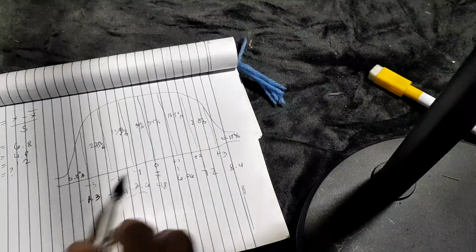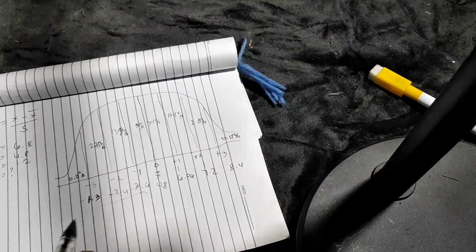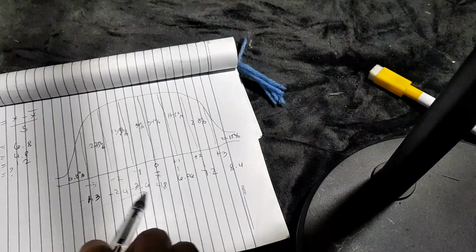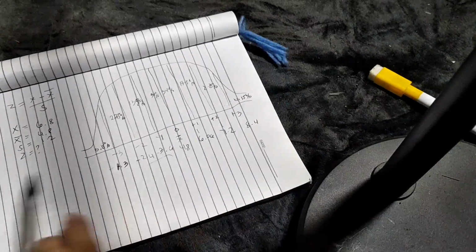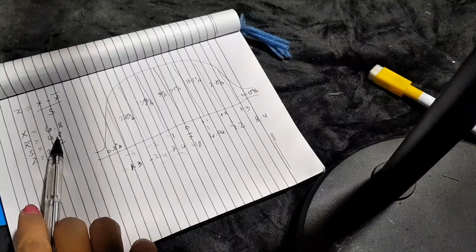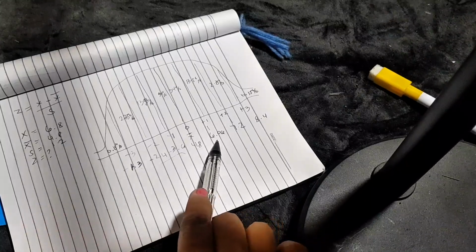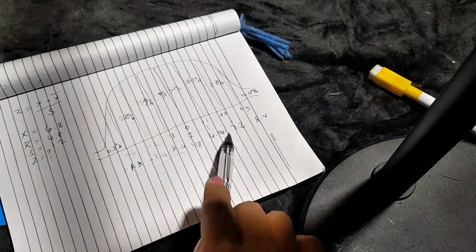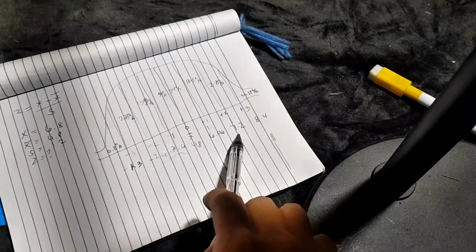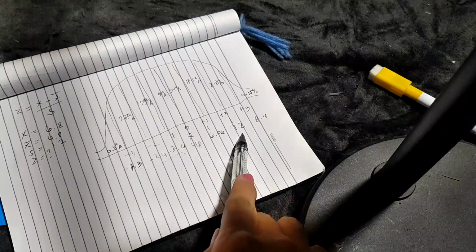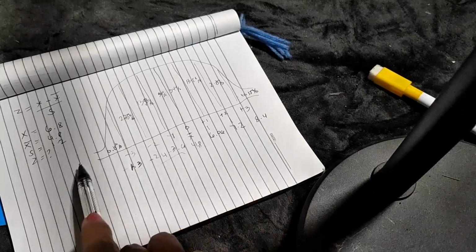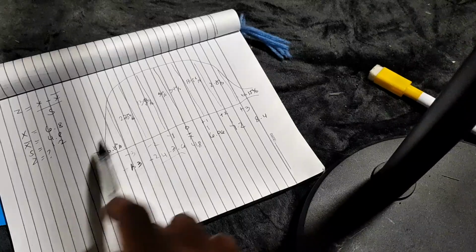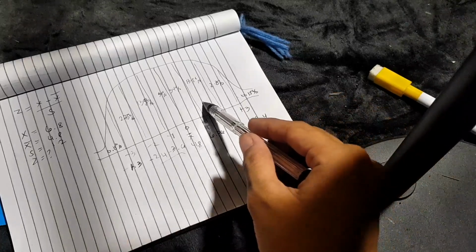So ngayon, hindi natin nakuha yung ating individual score na 6.8 kasi hindi naman natin nakita. Ang nakita natin is 6.06. Tapos dito naman is 7.2. So it means that ang z-score ay dito lang banda.